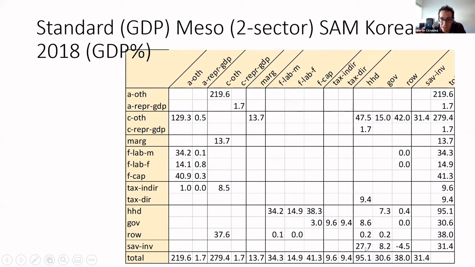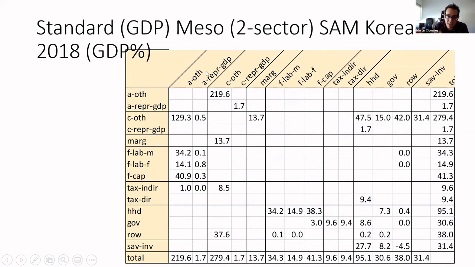This almost 28% of GDP, those are the savings of the households. And we see that household savings plus government savings and savings by the rest of the world are used to finance the investment. So savings are equal to investments.